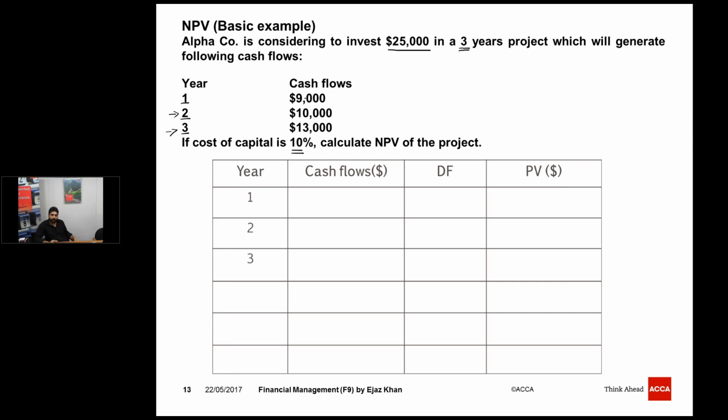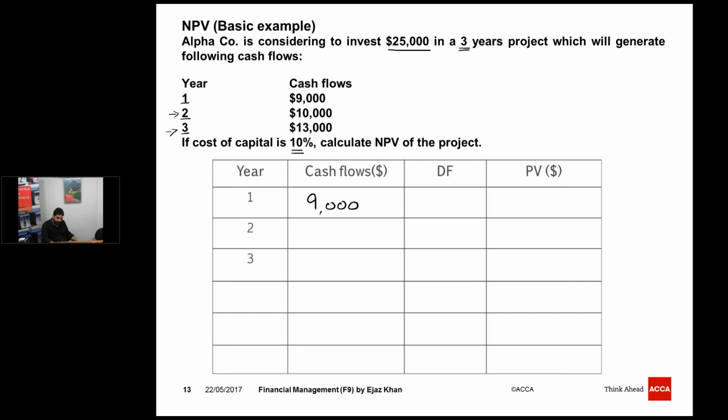All we have to do, which we did in the previous example, is to calculate the present value of this $9,000. Let us find out what should be invested today against the $9,000 if we need to generate a 10% return.